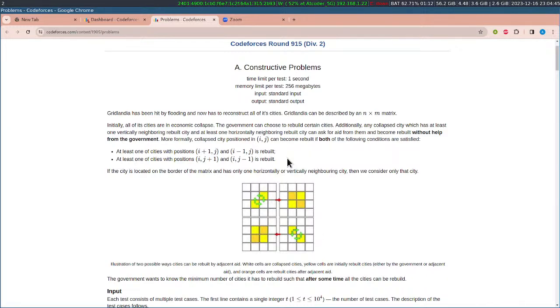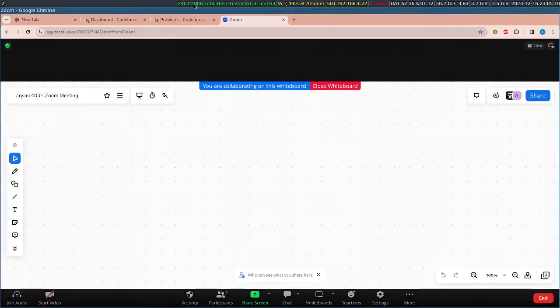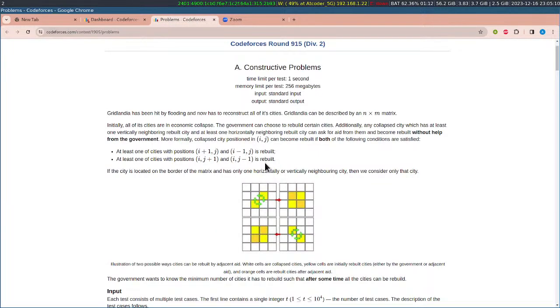So if we can somehow initially populate nodes in such a way that each column has at least one city built by the government and each row has one city built by the government, then eventually everything will get automatically rebuilt. That's the minimum possible answer: the maximum of n comma m should be the minimum possible answer.